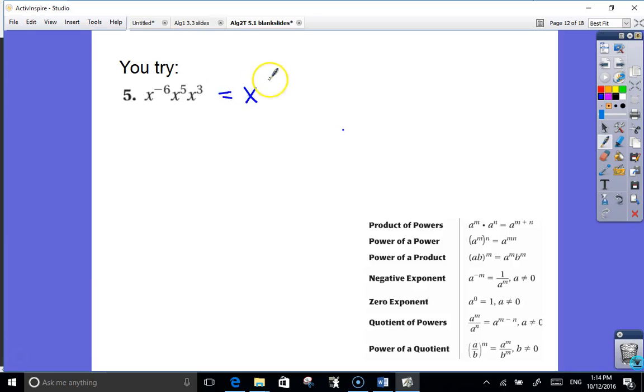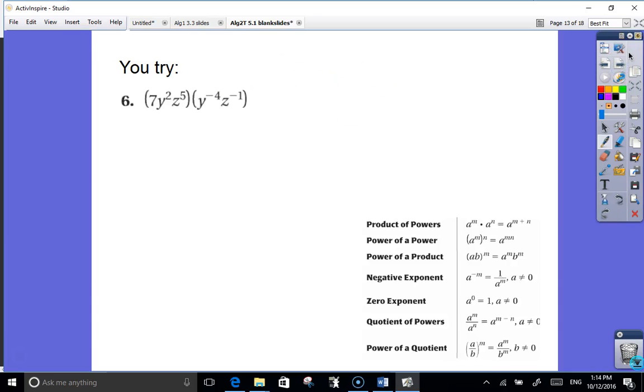So you just added them up, right? -6 plus 5 plus 3, which is x squared. Okay, how about that one?